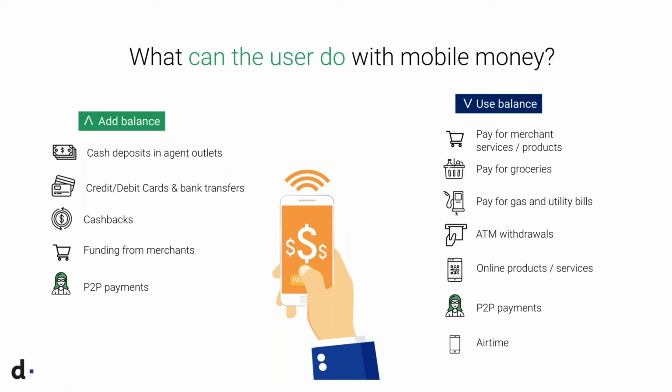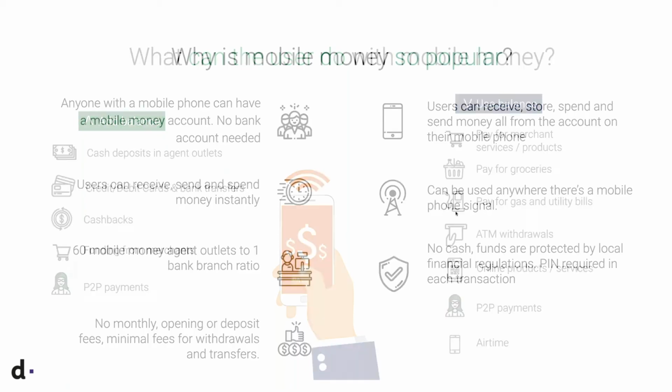Users can also pay for gas and pay for utility bills. They can use mobile money to withdraw from ATM machines where these are available. And of course, very interesting for us, they can use mobile money to pay for online products and services. They can also do P2P payments and pay for airtime, which were among the core functionalities released when mobile money was launched.